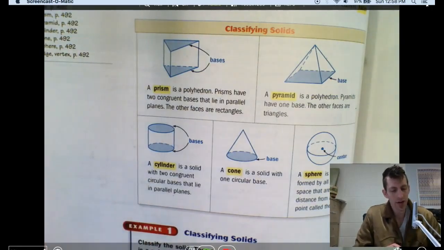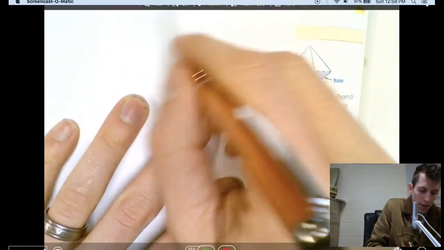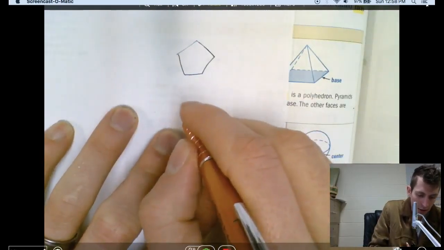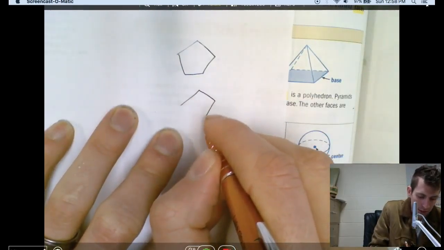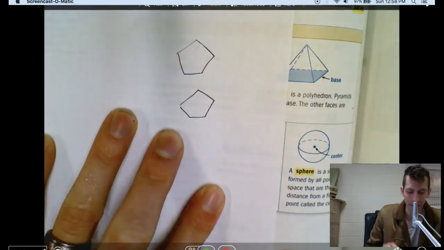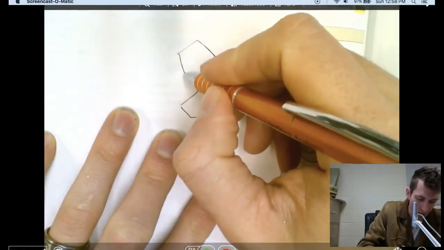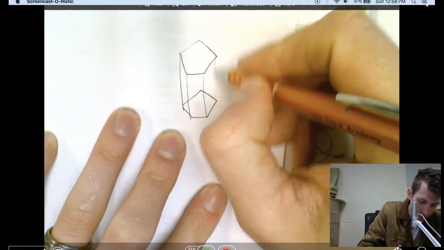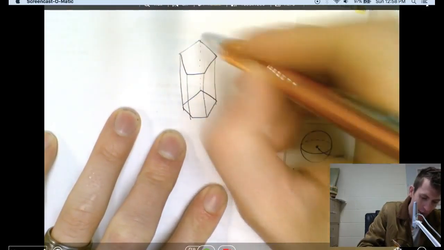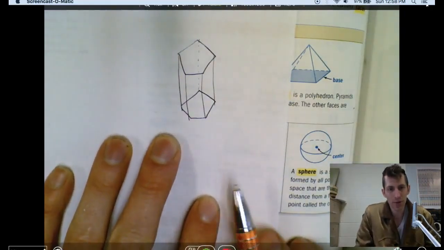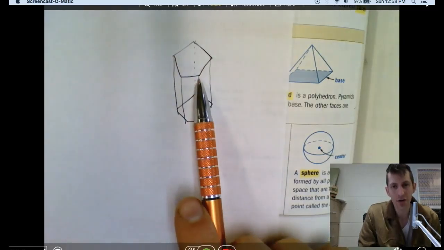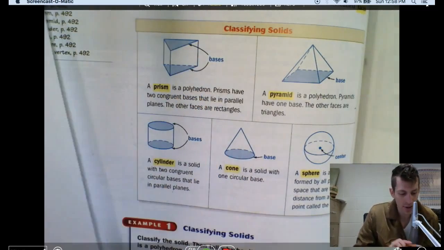Can you imagine a pentagon base, another pentagon base that's parallel and congruent, exactly the same, and then connect them by rectangles to make a tubular thing? Would that be a prism? Yes. What type of prism? A pentagonal prism. This is a triangular prism.